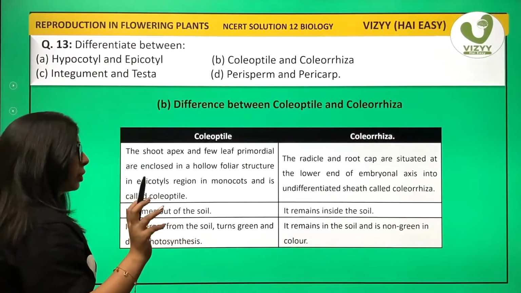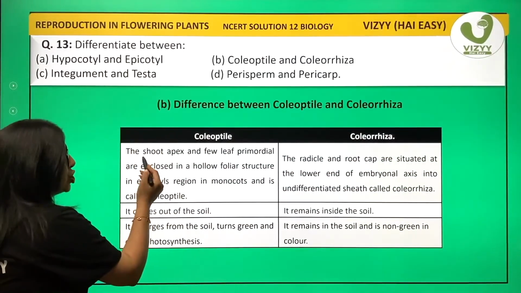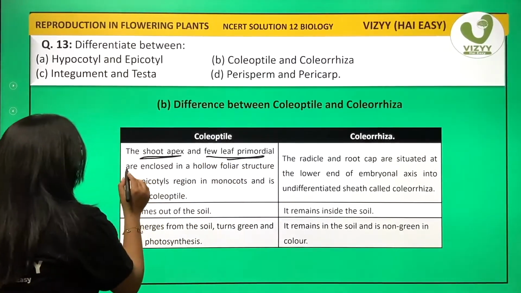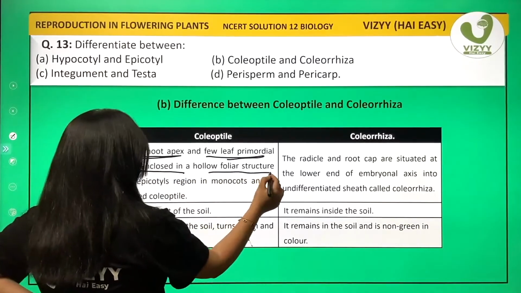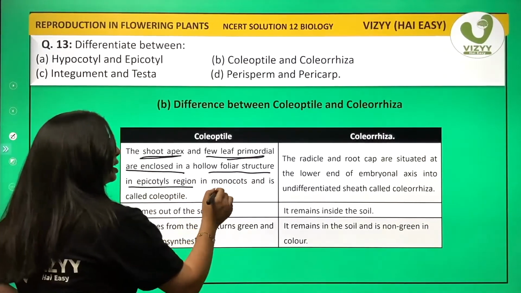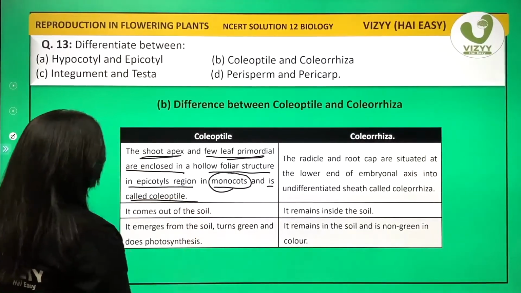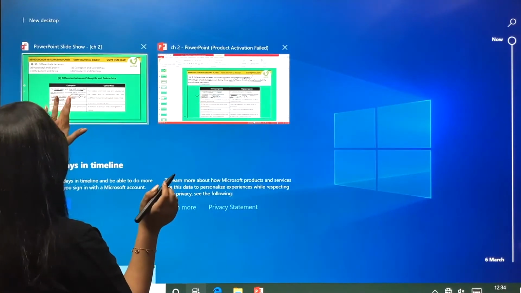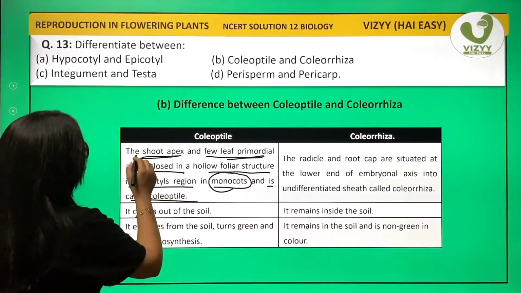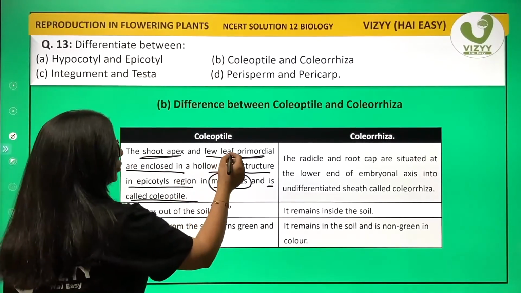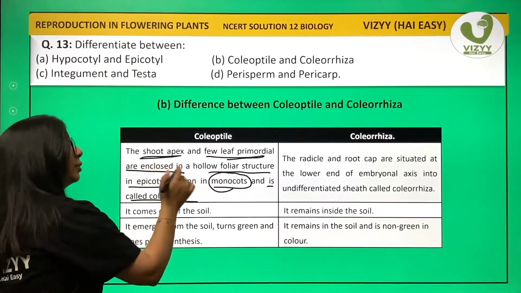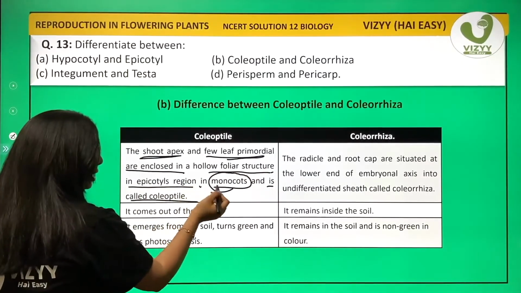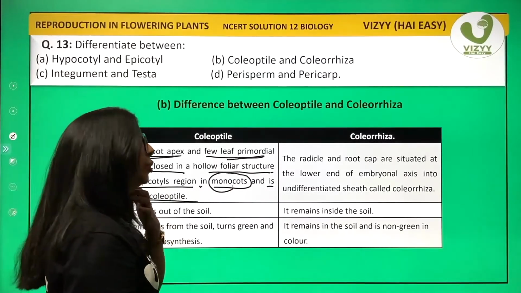Coleoptile: the shoot apex and a few leaf primordia are enclosed in a hollow foliar structure in the epicotyl region in monocots, and it is called coleoptile.